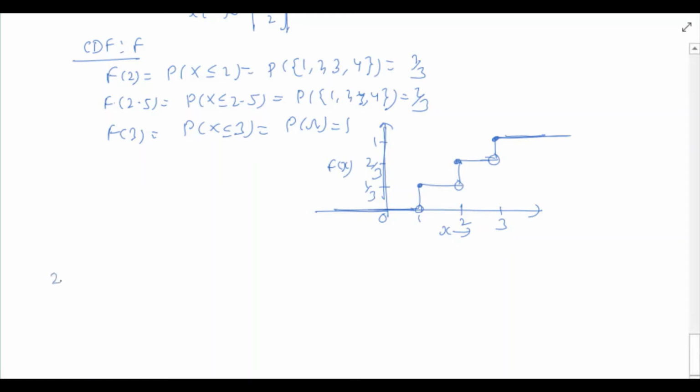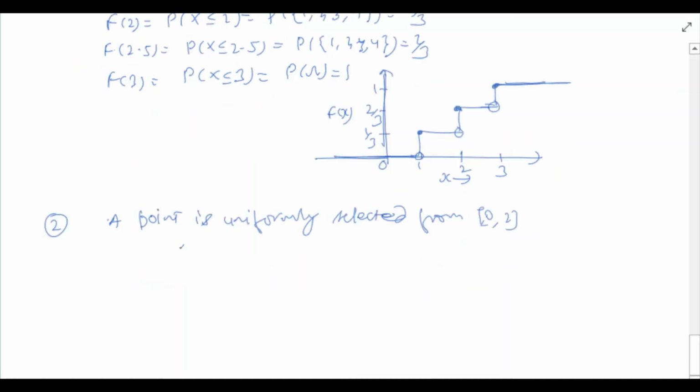Let's see another example. Now we consider the experiment of a point being selected uniformly from the interval 0 to 2.